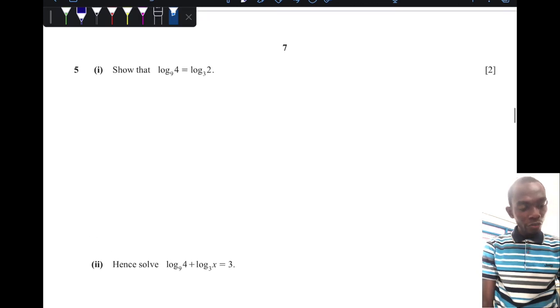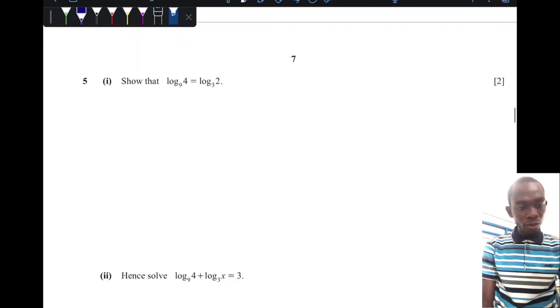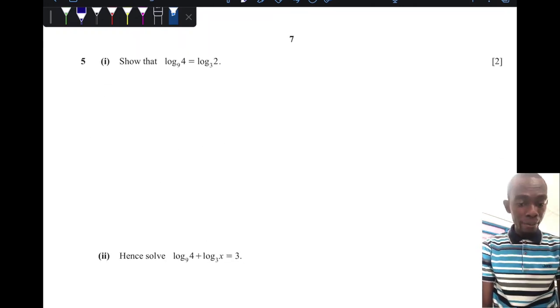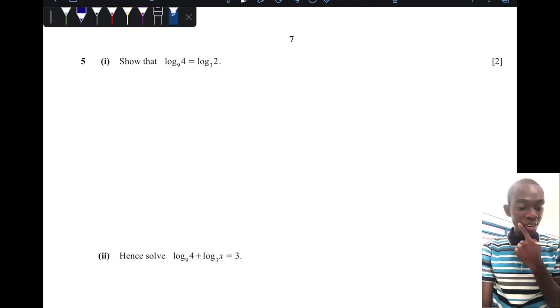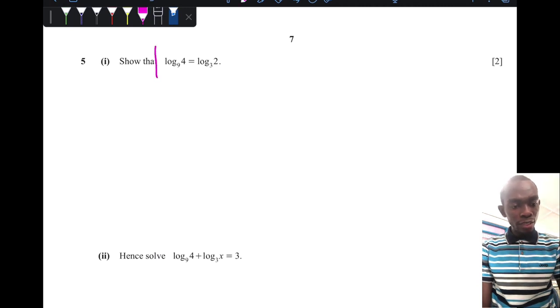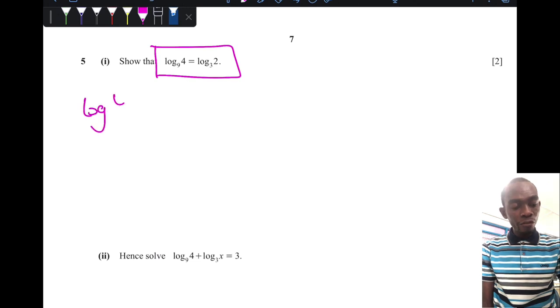Okay, there is a change of base here, so I think we should solve that. And then yeah, so let me solve this as the last question for the day. The rest, just go and solve it, okay, and compare the answers to the scheme. Show that log 4 base 9 is the same as log 2 base 3. Well, what is the base here? That's 3, okay? So what I want you to do is to change log 4 base 9 to the base 3, okay?